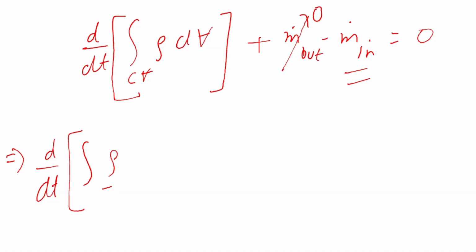Let me just change this. Instead of the volume, we will rewrite it in terms of the surface area, 4 pi r squared, times the thickness of the volume, so times dr. Essentially you have changed the volume integral into one in terms of radius.